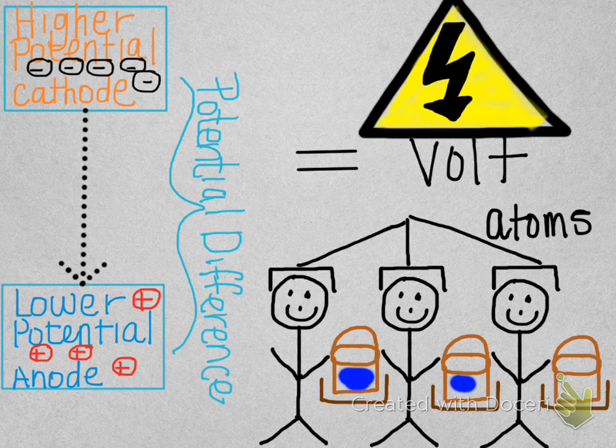And so we can say that when we have an electron moving from orbit to orbit, it really does take a lot of effort, a lot of energy, and a lot of work for that atom to move from a higher potential area to a lower potential area. So that's just one way to think about electrons moving as they're moving to produce energy, specifically an electrical current.